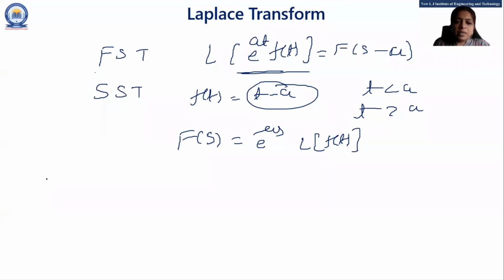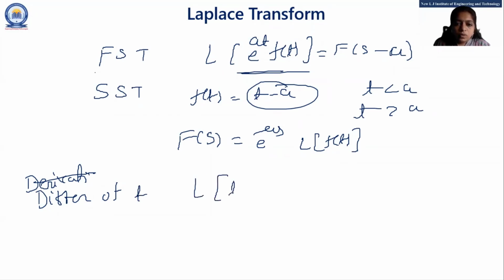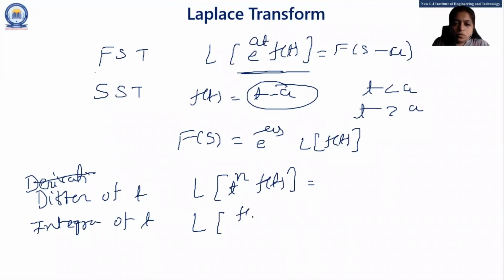Then multiplication by t, or you may say t as a multiple, that is the differentiation of the transform: Laplace of t raised to n into function of t, which is minus 1 raised to n, d raised to n upon ds raised to n of F of s.